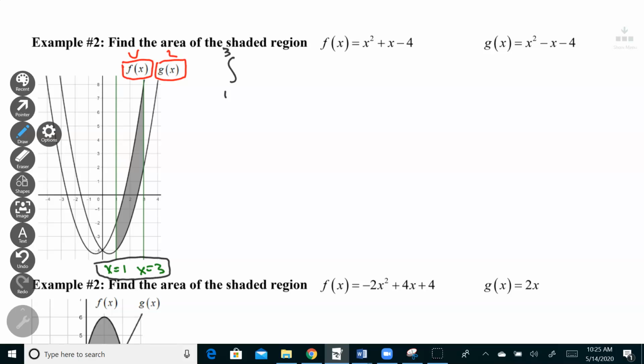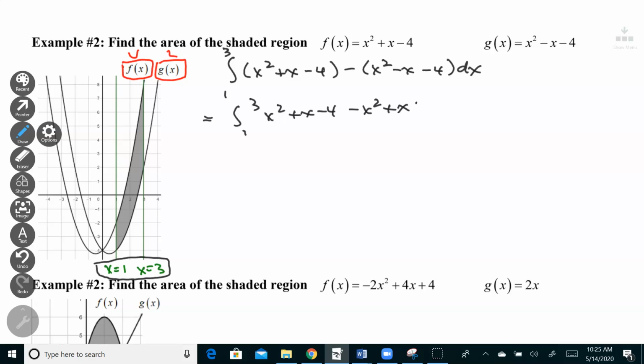My upper curve is the f function, which is going to be x squared plus x minus 4, minus the lower curve, which is a very similar function, x squared minus x minus 4 dx. And when I clean this up, I get the integral of 1 to 3 of x squared plus x minus 4 minus x squared plus x plus 4 dx.